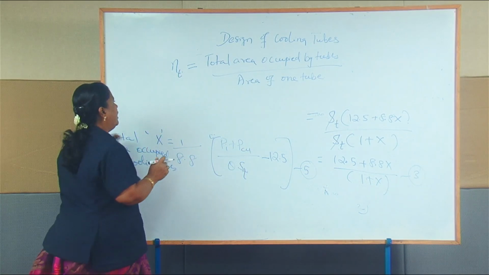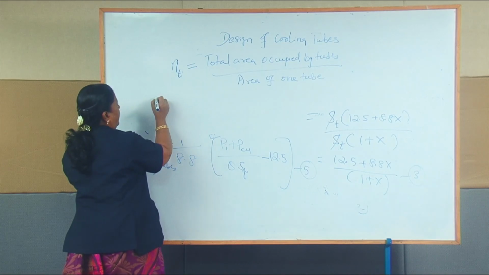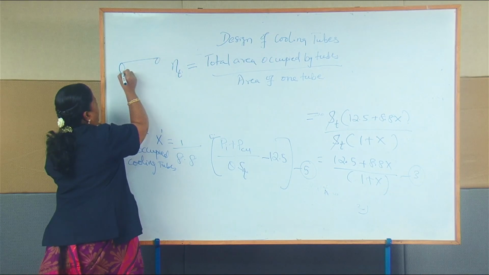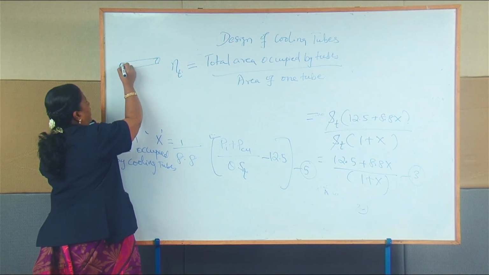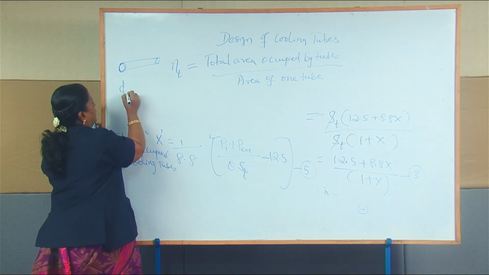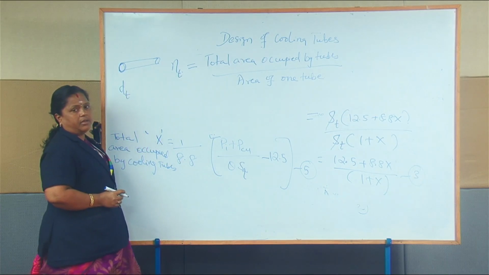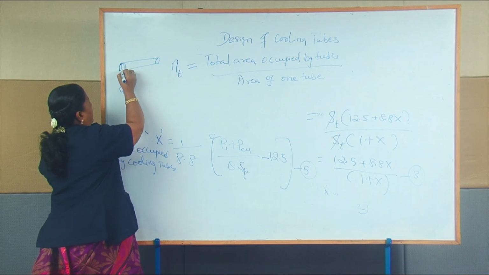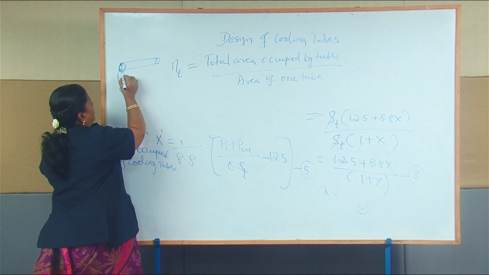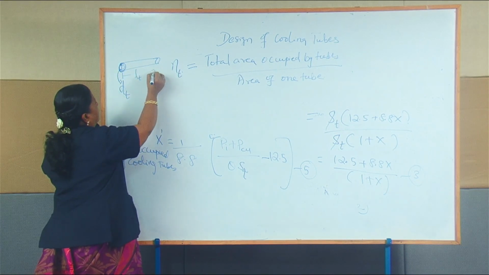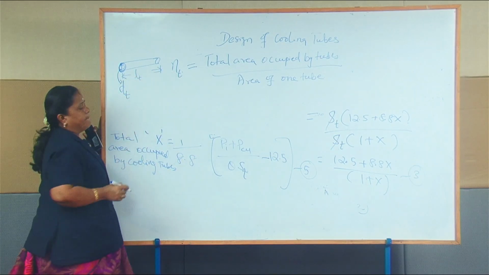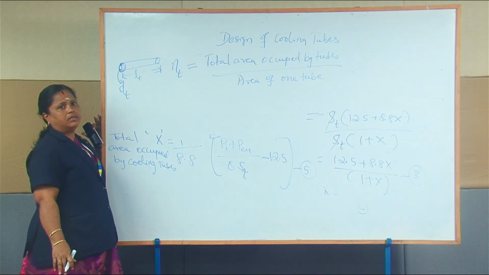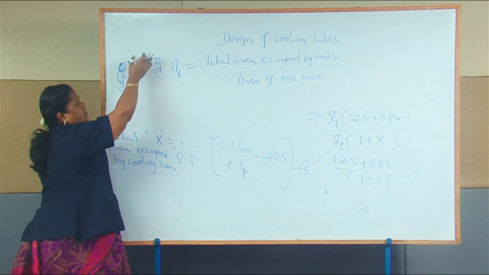So, for that, let us consider one cooling tube. Consider the diameter of the cooling tube as d suffix t, and the length of the cooling tube as L suffix t. Now, how will you calculate the surface area of this cooling tube?